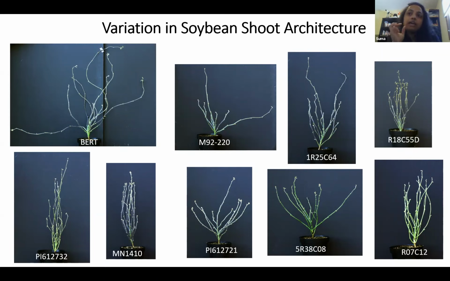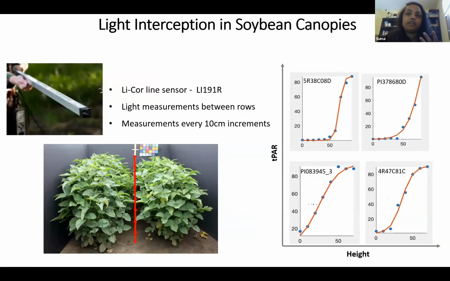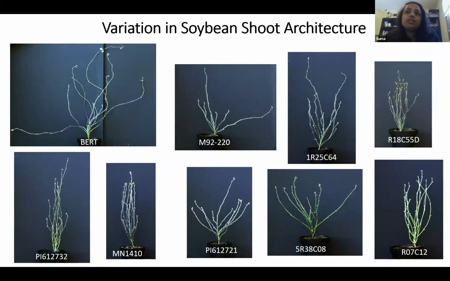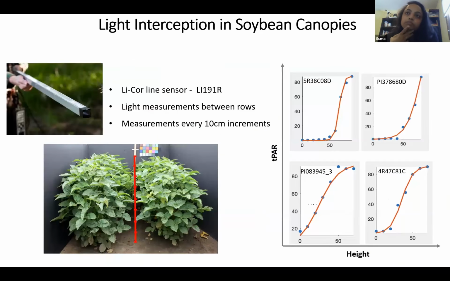Some of them are narrow and long, some of them are much broader. And so the question that Alan posed: how do you get good light penetration into the canopy? We know what we think we want a plant to look like, but the question is, how do we get there? What is it that we need to change in order to get to that point? In the next slide, please.